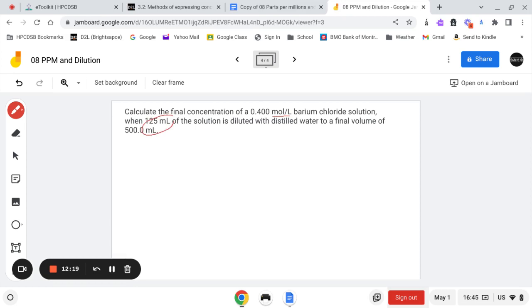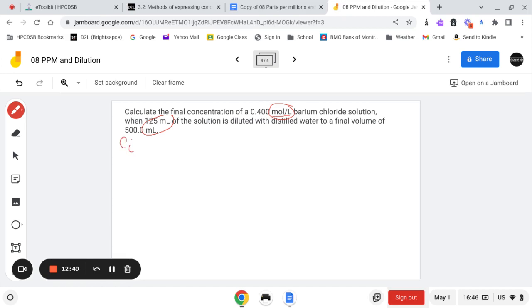So my milliliter units are good. They both match, so we can leave it alone. I'm now using molar concentration, but that's perfectly fine. Now when I calculate my final concentration, the unit will be moles per liter. You can use any unit as long as it's the same for your concentrations or the same for your volumes.